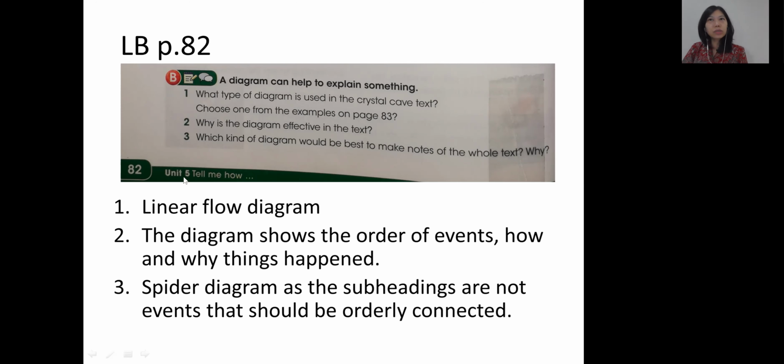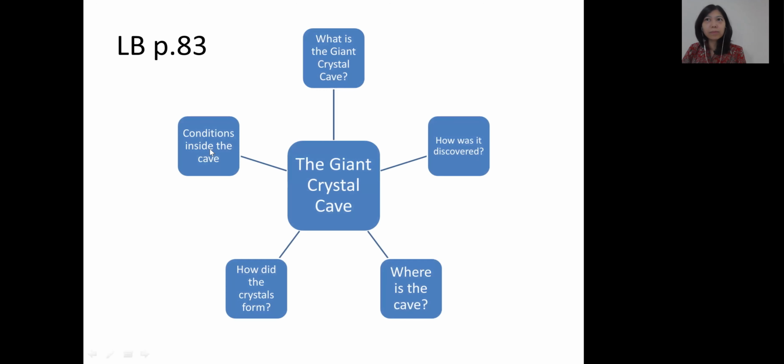All right, now children, don't forget you have to write this in your notebook. I will continue now. On page 83, there are a bunch of questions that you need to write down. But what I need you to do is to make notes of the text, the giant crystal cave text, using the diagram. And what diagram have we chosen before?